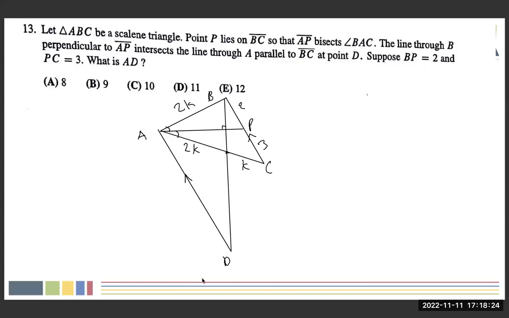And now there's one more thing that needs to be seen here in order to solve the problem, which is similar triangles, basically. In particular, this type of similar triangle is called bow tie.